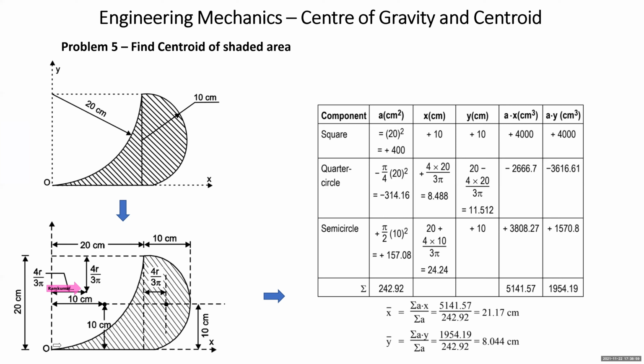All right. Then we come to this semicircle. In this semicircle, one centroidal axis will be this line, dividing it into two parts. Another is at a distance of 4r upon 3 pi from the base. This is the base. This is 4r upon 3 pi. Now it is very important to mark the centroid of each component. Without marking the centroid of the component, don't go to the table and don't try to read the coordinates of virtual points.